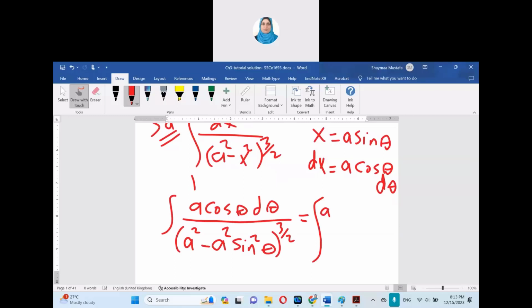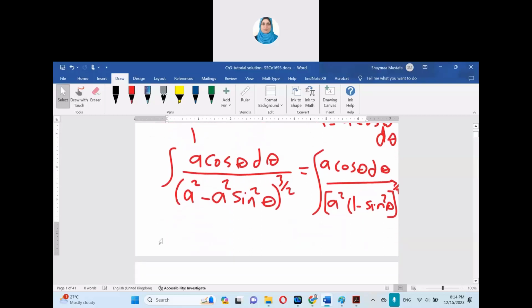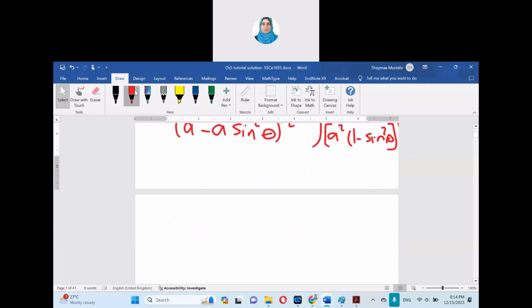Now a cos theta d theta over, a square will be taken as a common factor here. So you have 1 minus sine square theta to the power 3 over 2.